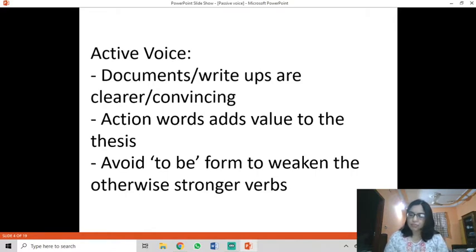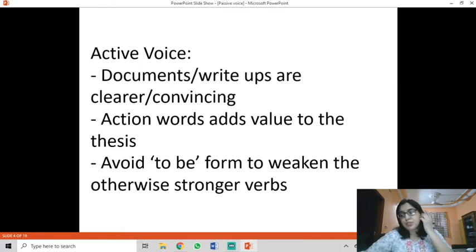Why we recommend that you should always write in active voice: because your documents, your write-ups, would be more convincing. When you use active voice, it means you are sure, you know what to say and who is doing what. Whatever you are going to write, maybe an essay, an application letter, your research papers, articles, if you're using active voice, your documents would be more convincing and clear, rather than with passive voice.